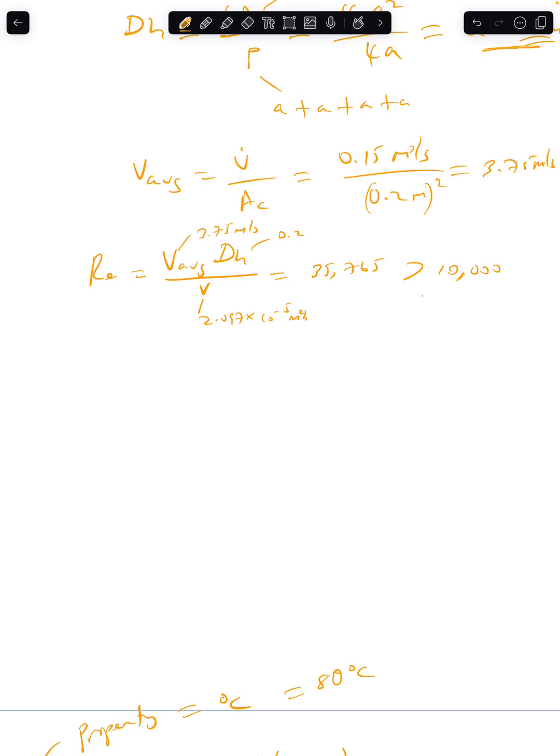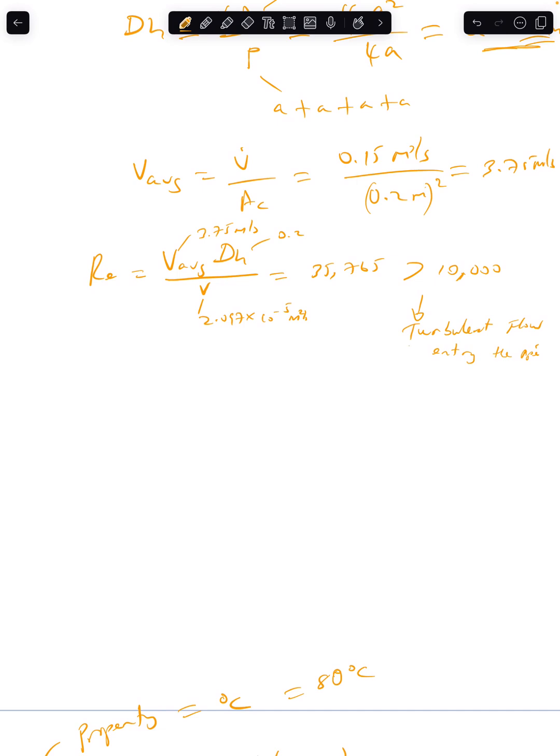And therefore we have a turbulent flow that is actually entering the pipe. And which pipe? The Dutch pipe.